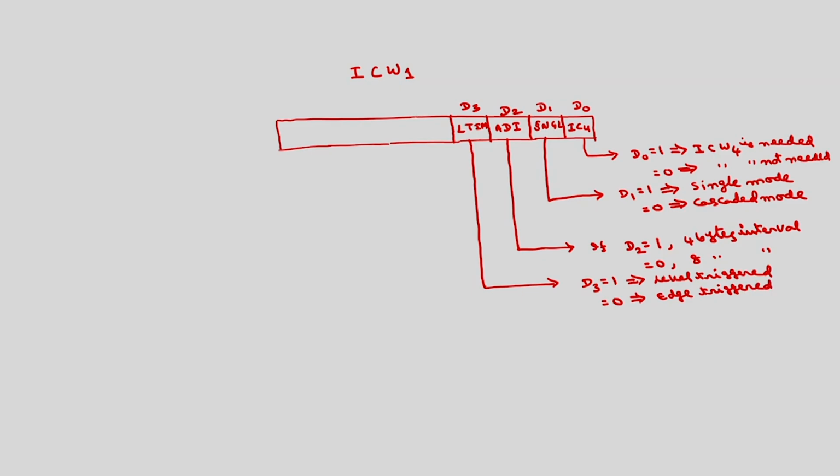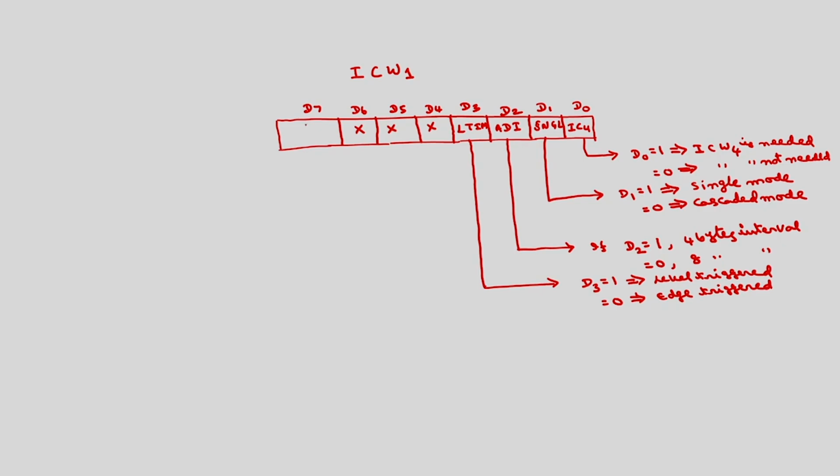And the remaining bits, D4, D5, D6, D7, will be used only for 8085, whereas in 8086 they are don't cares. In 8085 they have some different purpose, but here we are discussing only 8086, so they are don't cares.